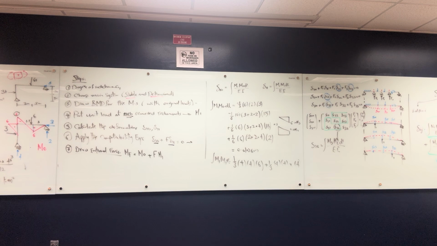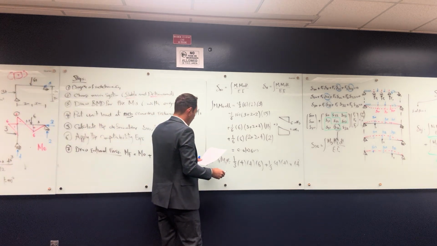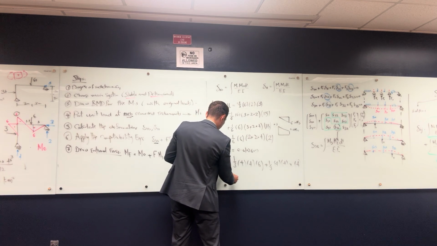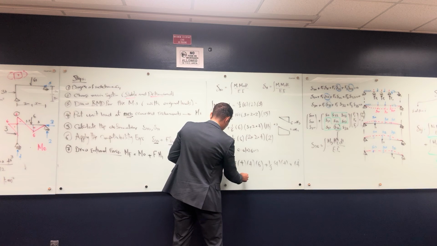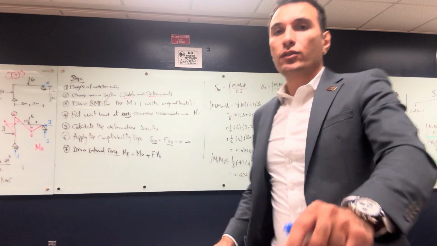So this triangle with this triangle is gonna be 1/3 M1 M3, so 4 multiplied by 4 by the length 6. And same thing, 1/3 4 multiplied by 4 multiplied by the length 4. Okay, so once you do this, it's gonna be 0.0234. Does anybody have any questions so far?